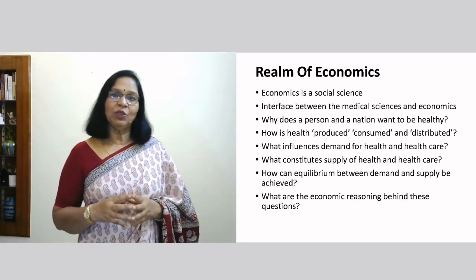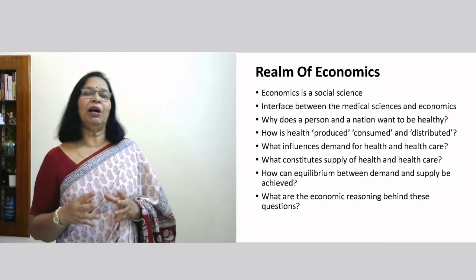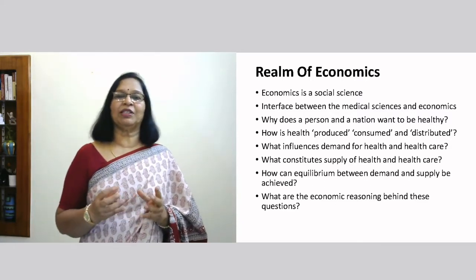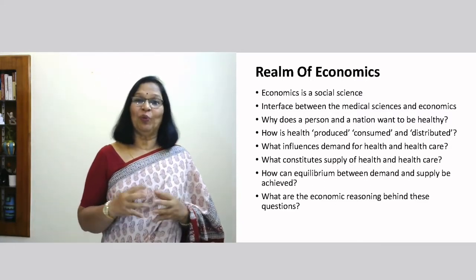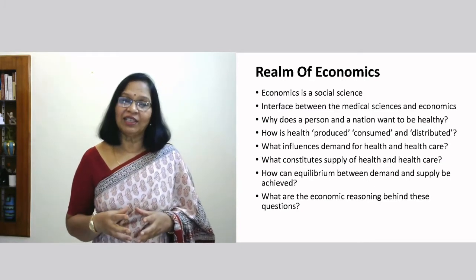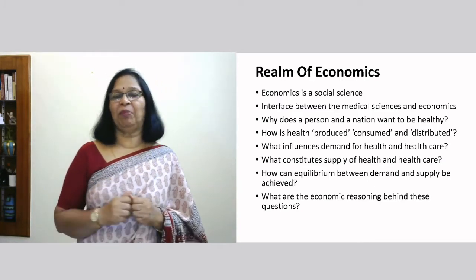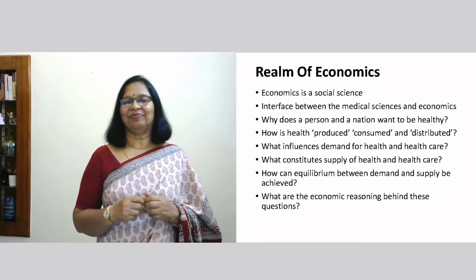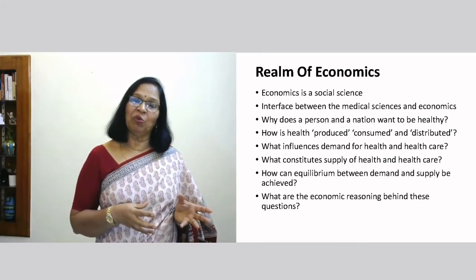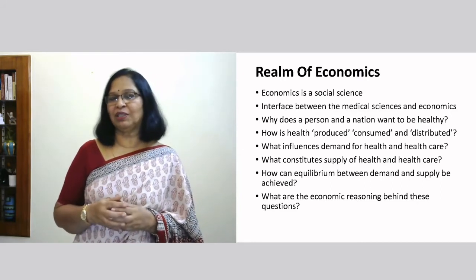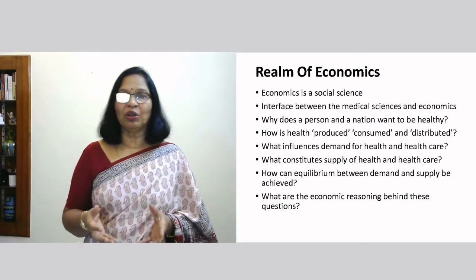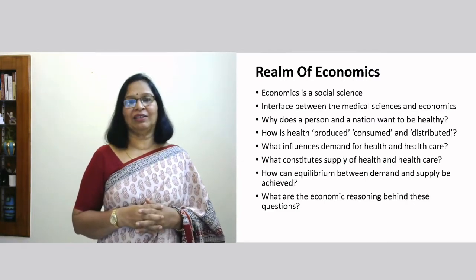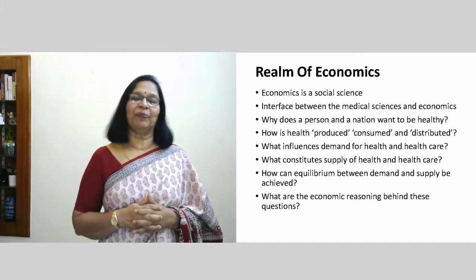Now, what happened when we saw that the demand for oxygen outstripped the supply of oxygen? We saw that oxygen cylinders started getting sold in the black market. That is how those who had more money could buy those oxygen cylinders, and those who did not have the money could not buy it and were kept to die.